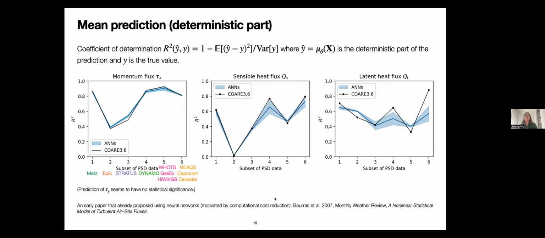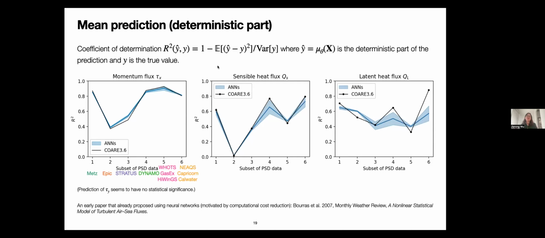And this is more of a quantitative evaluation of the mean prediction, the deterministic part of the model. We use the coefficient of determination, R squared, between a prediction Y hat and Y, which is the truth. It's basically 1 minus the normalized mean square error.